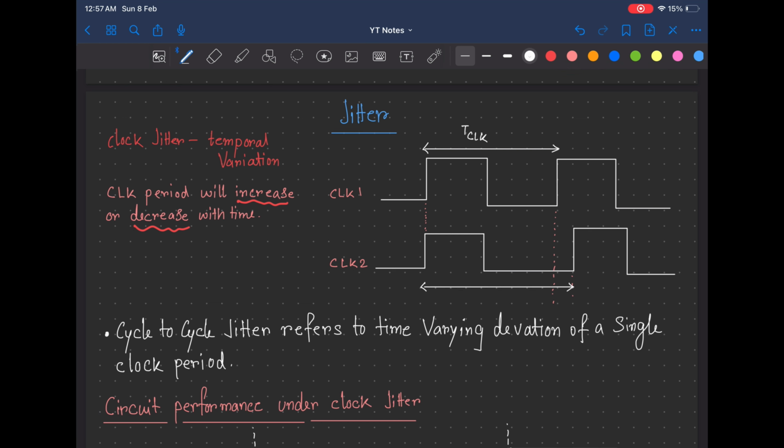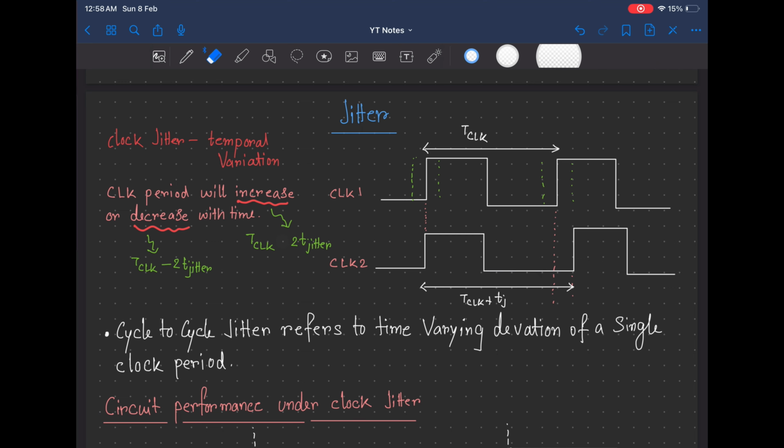Here it is T clock plus Tj, but in general the clock period can contract or expand. When the clock period increases, we will say T clock plus 2T jitter, and if the clock period decreases, we will say T clock minus 2T jitter.